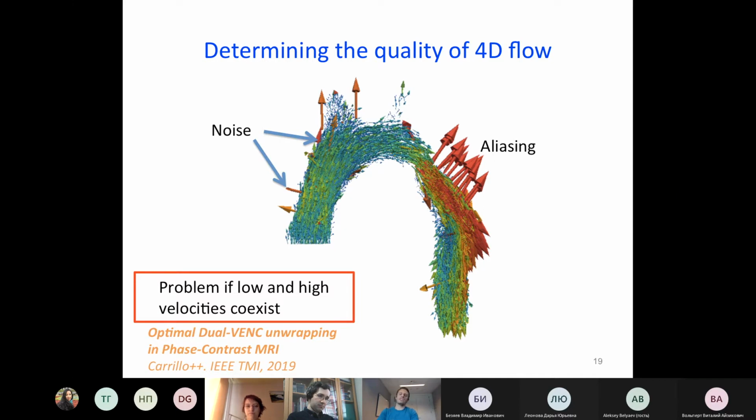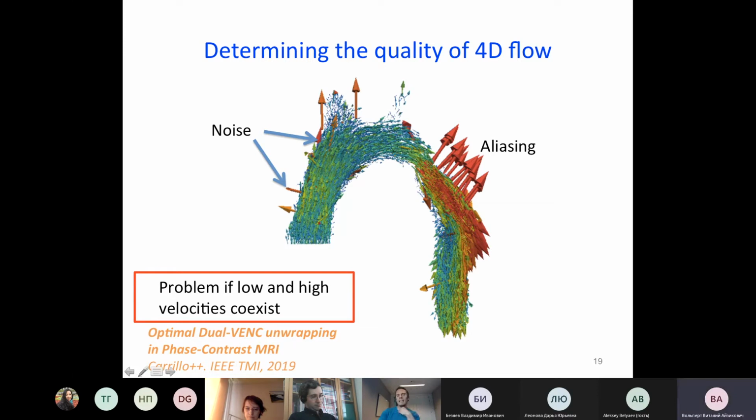The velocity is proportional to the angle of the magnetization vector. You take a picture of the angle of that vector, but sometimes you don't know how many laps the vector did during the acquisition. So suddenly you get a difference of 2 pi: the true velocity minus 2 pi, and that's why it's called aliasing.